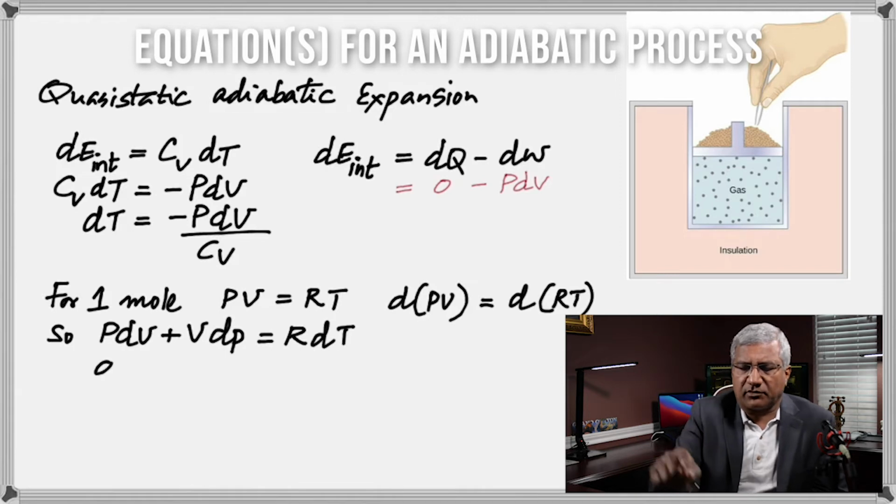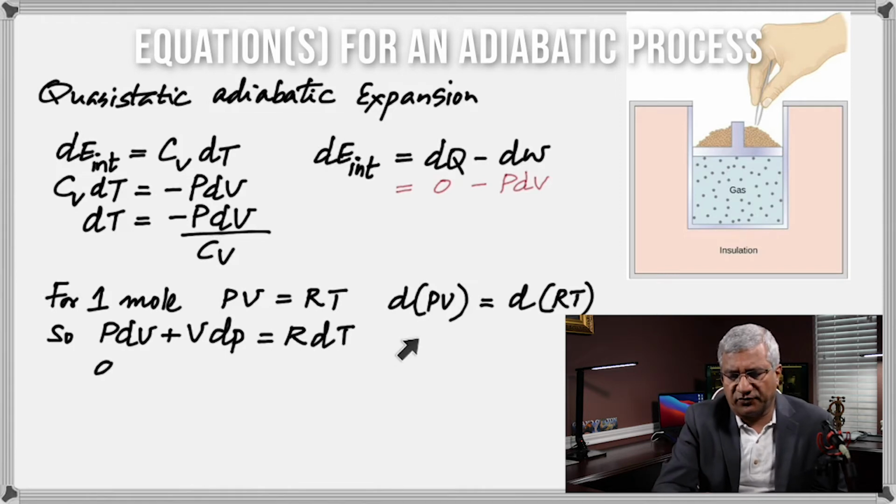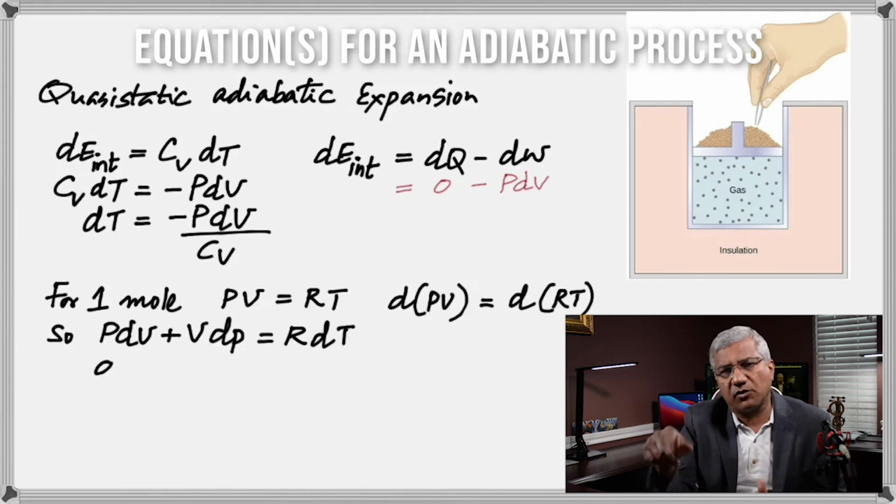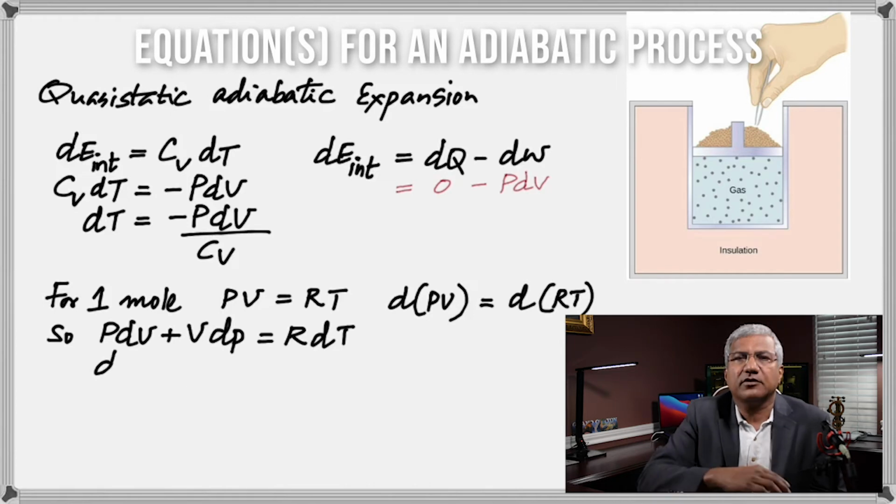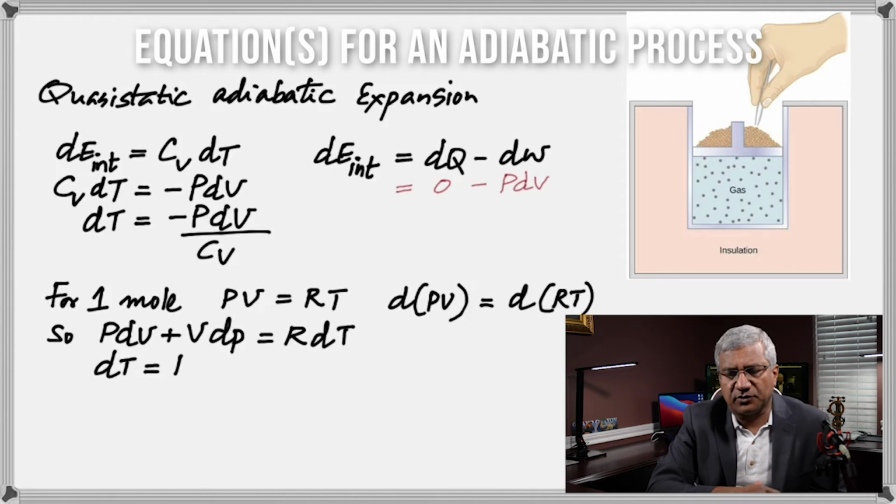A little bit of calculus there, because pressure and volume both are variables. You have to hold one constant, differentiate the other, plus hold the second one constant, differentiate the first. That's how we get dT equals (PdV plus VdP) divided by R.